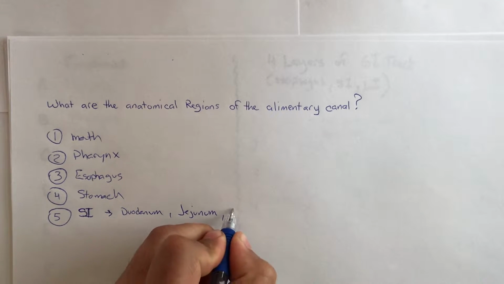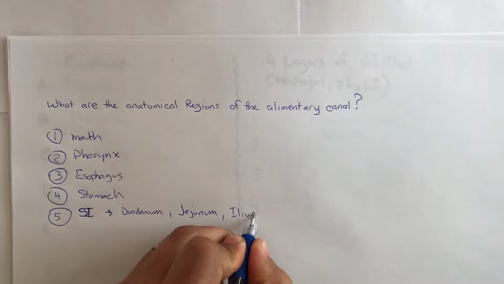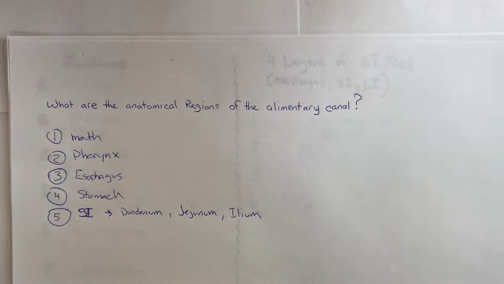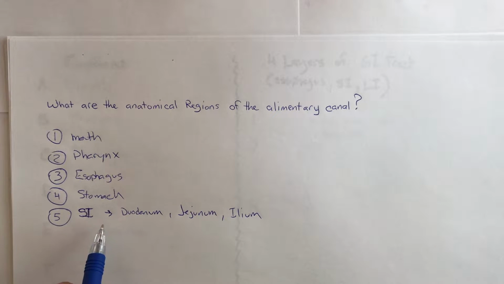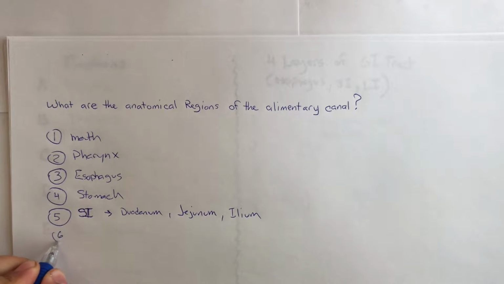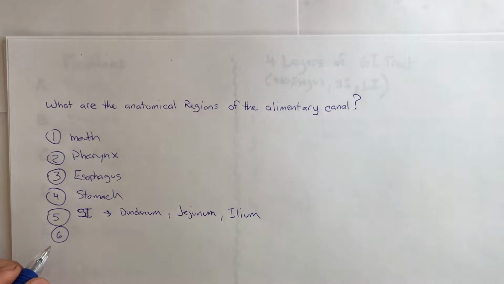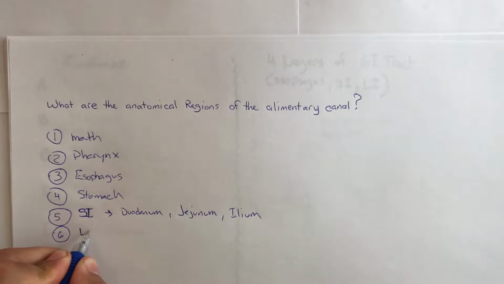And finally, the ileum. The ileum is the third part of the small intestine. So we have the duodenum, the jejunum, and the ileum. All right, we're almost done. After the small intestine, we have the large intestine.